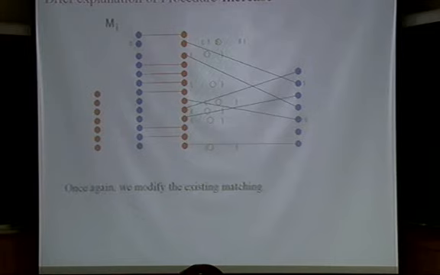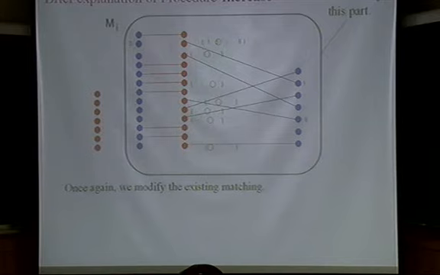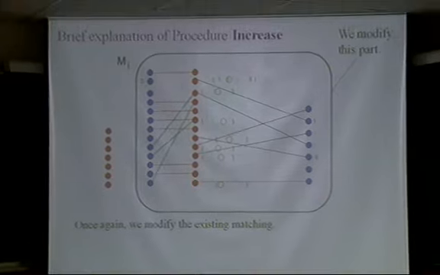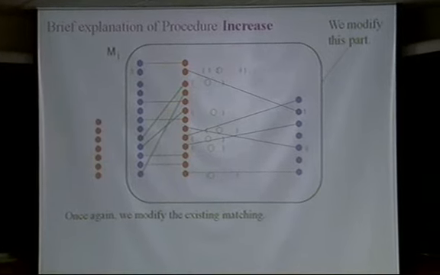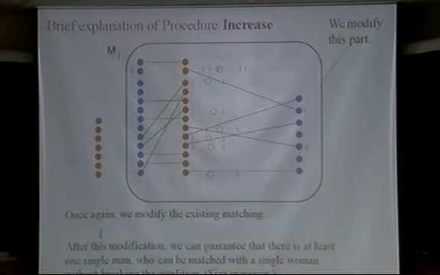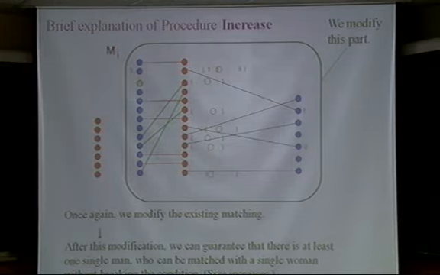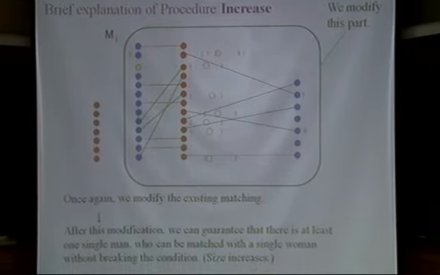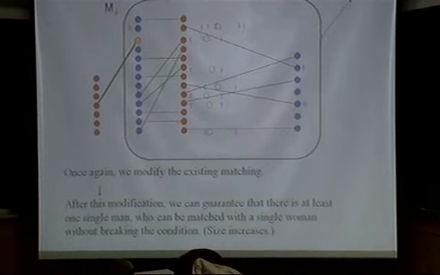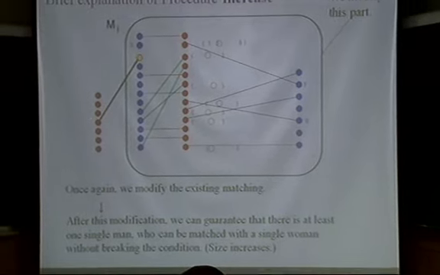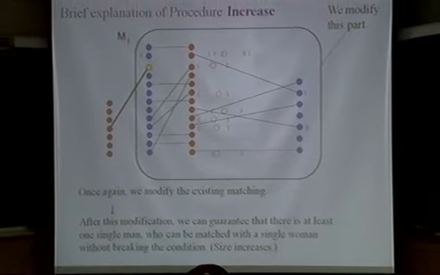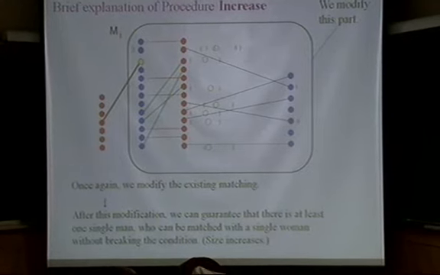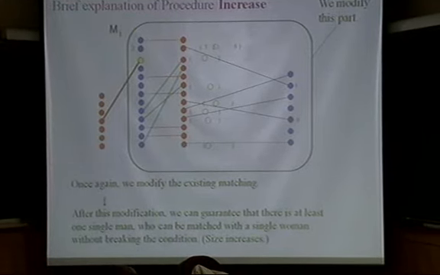Actually, we need one more modification. I won't get into more detail, but we again modify the matching without decreasing the size. Then we can guarantee that there is at least one man such that by matching him to a single woman, we can have a matching with the desirable condition.